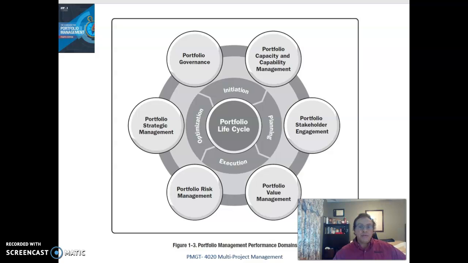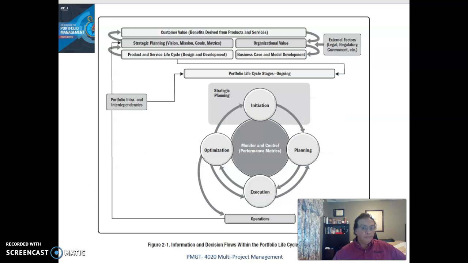In Chapter 2, Figure 2-1, on page 22, we see the portfolio life cycle. This shows 4 phases that are ongoing and include an initiation, a planning, an execution, and optimization.